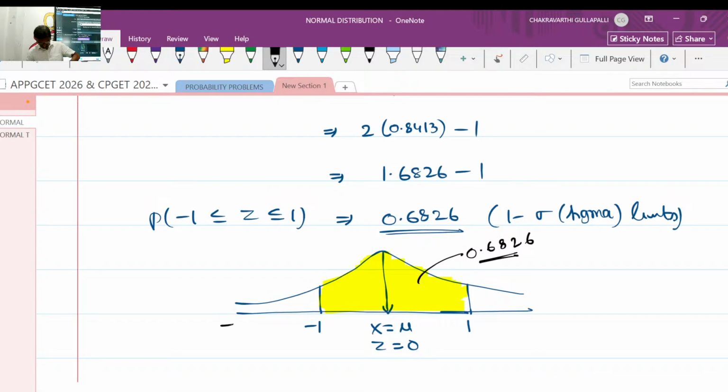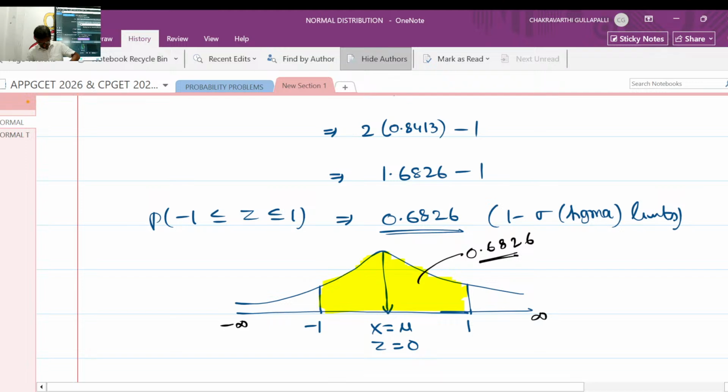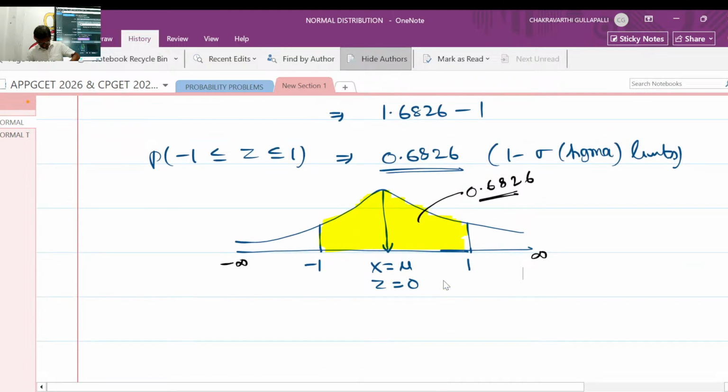So from minus infinity to plus infinity, what is outside of these two? Within minus 1 to plus 1 the area is 0.6826, so how is the outside area?